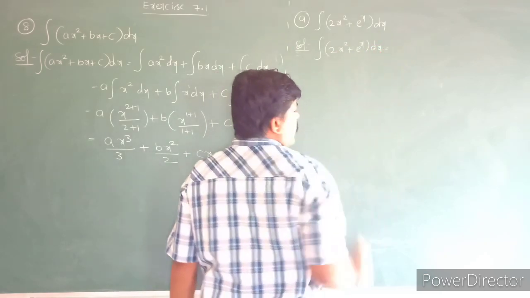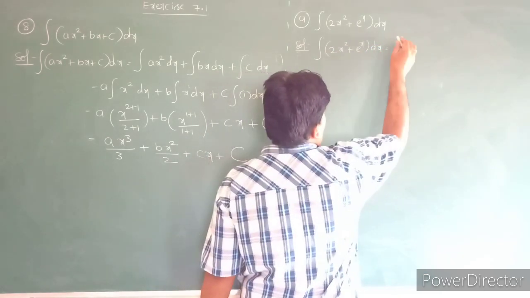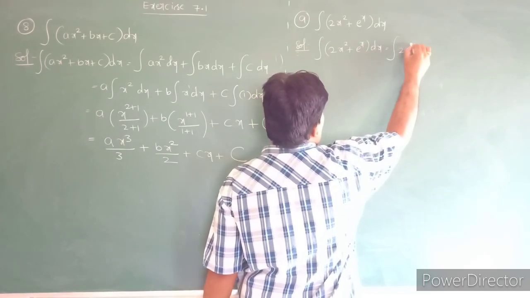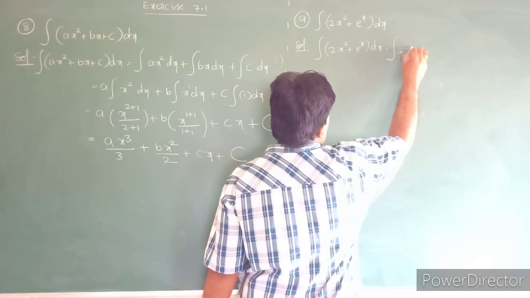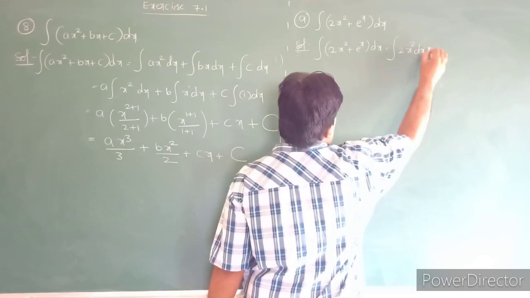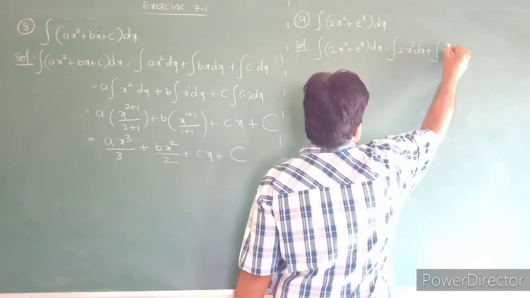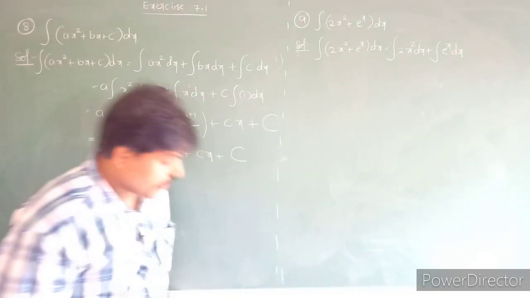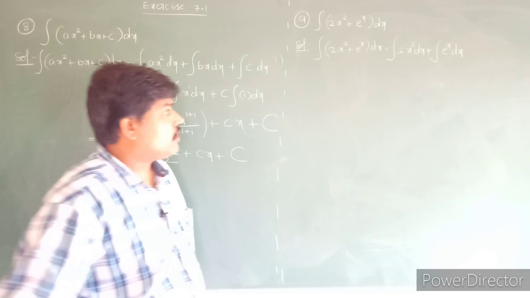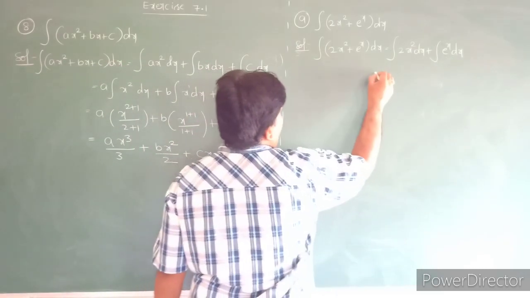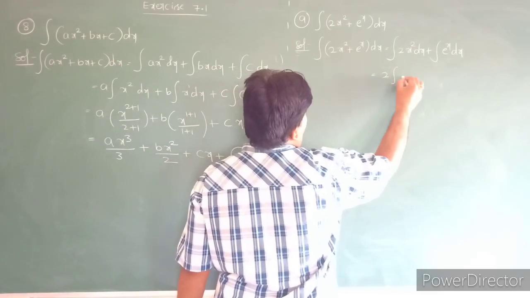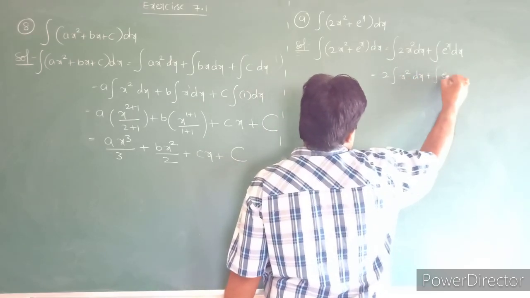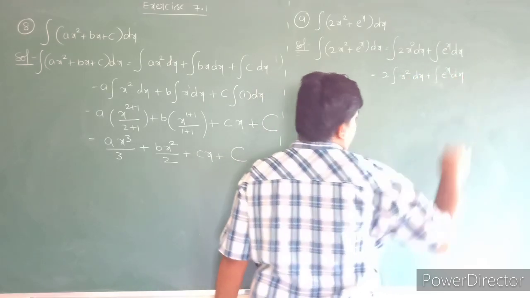So first apply the integration for each function. So integral of 2x square into dx plus integral of e power x into dx. Apply the integration for each term here. So that is equal to 2 into integral of x square into dx plus integral of e power x into dx.